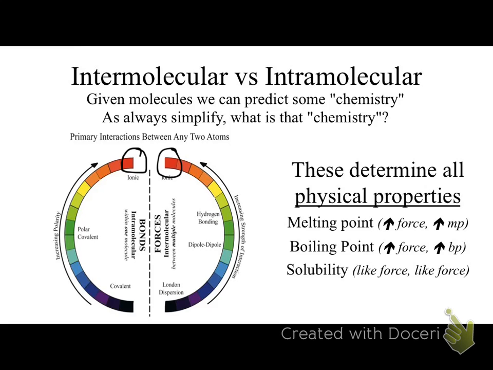Okay? If we take a look at a green polar covalent bond, what type of force is that going to generate? A green force that's somewhere between hydrogen bonding and dipole-dipole. Why do we not ever specifically say it's dipole-dipole? Sorry, that's hydrogen bonding that I'm pointing to.